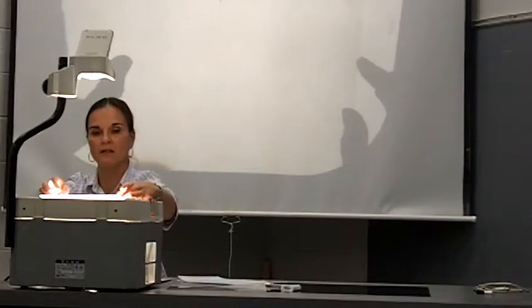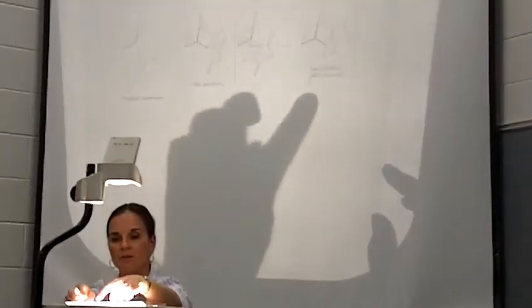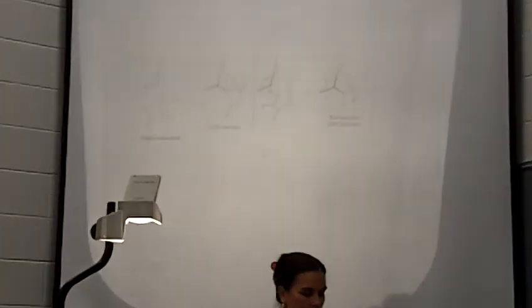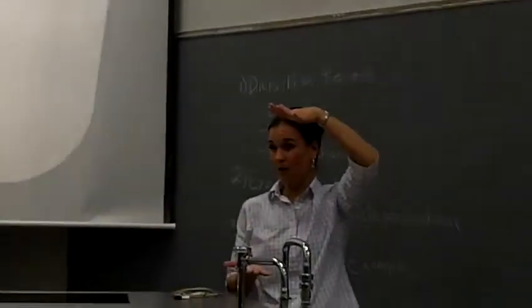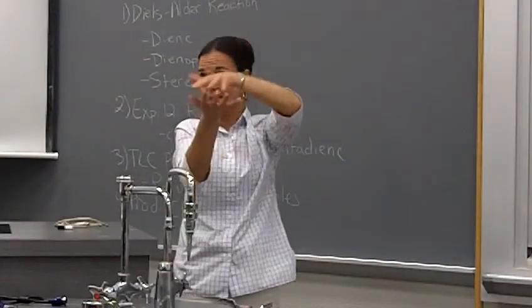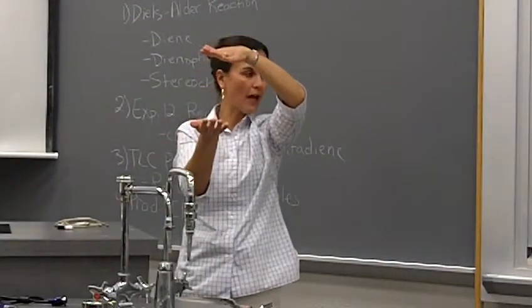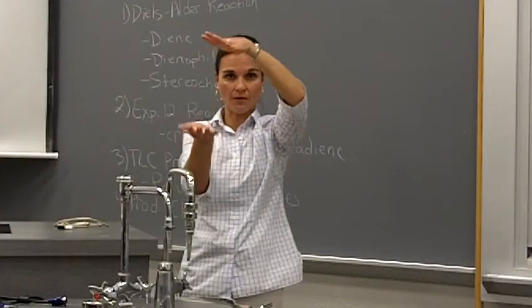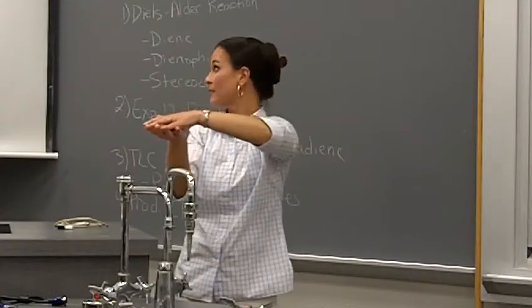Part of that bottom statement is this comparison of an endo product and an exo product. Your diene has 4 carbons, your dienophile has 2 carbons. You're looking at the overlap of the p orbitals to come together and react.